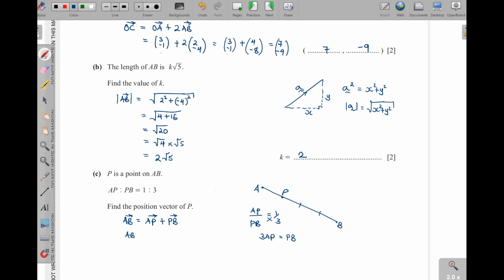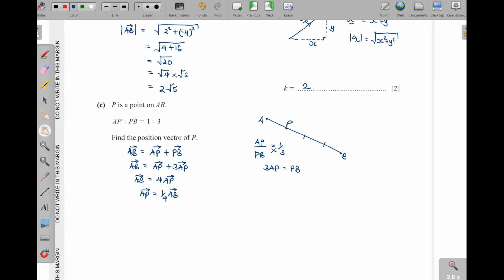But remember that PB is 3 times AP. So I can say 3 AP. That means AB is 4 times AP. Or you would say AP is 1 over the total, 1 over 1 plus 3, then of the total from A to B. As simple as that. So meaning AP is a quarter. AP is a quarter of AB.